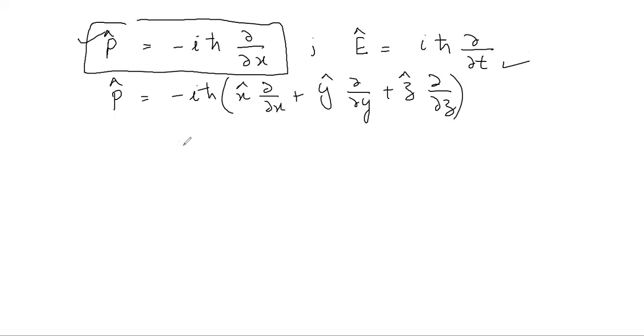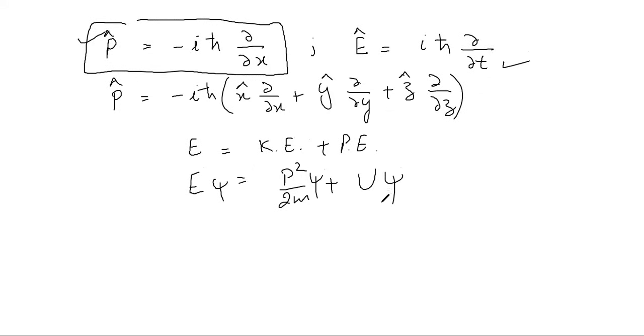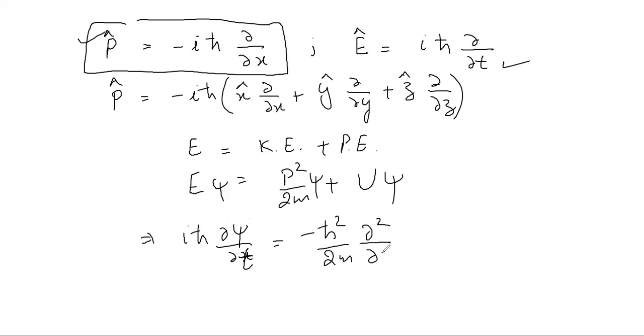And then we said that because your total energy is the sum of kinetic energy and potential energy, kinetic energy is nothing but P square upon 2m. Potential energy, let's denote by U. On both sides, if you multiply by psi and plug in the value of the energy and momentum operator, what you will get would be something like this: i h bar curly psi by curly t equals minus h bar square upon 2m curly square psi by curly x square plus U psi.